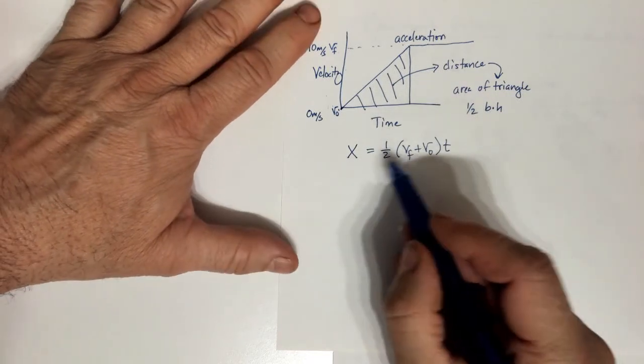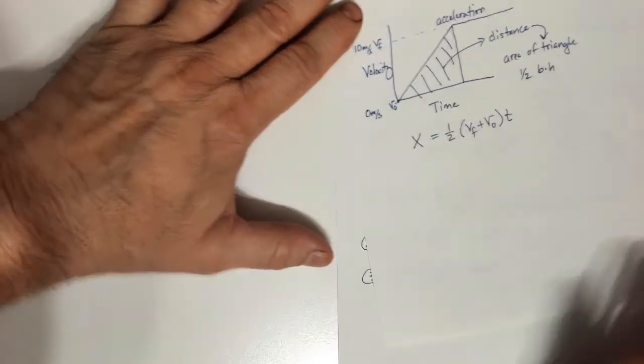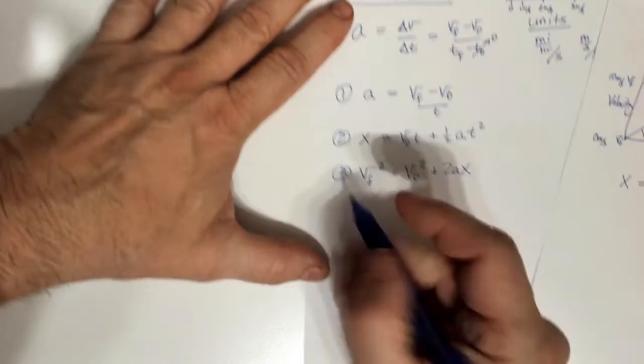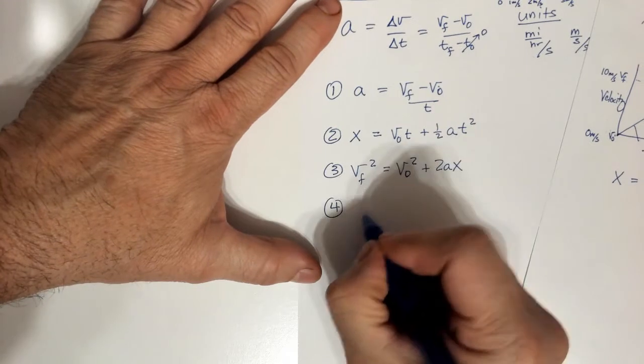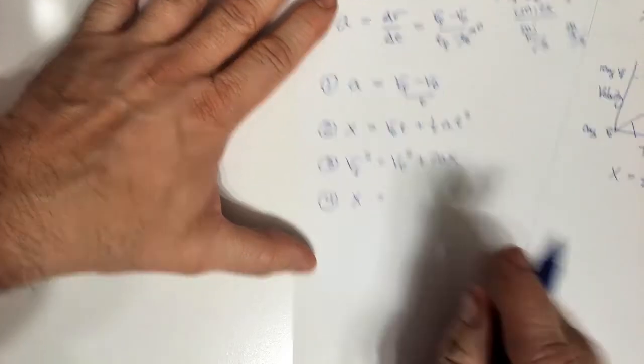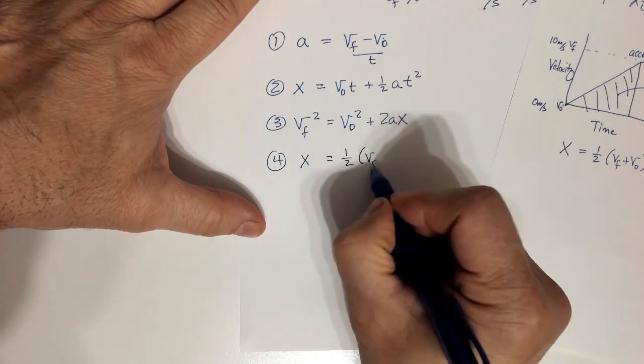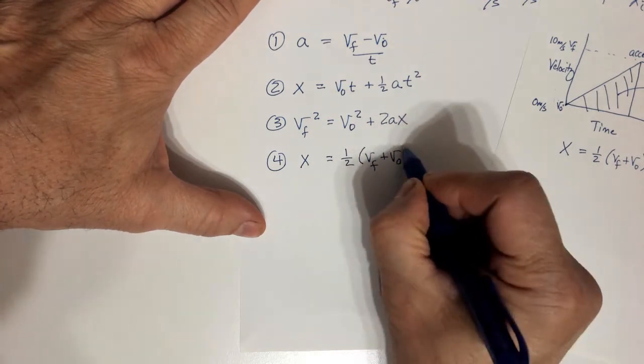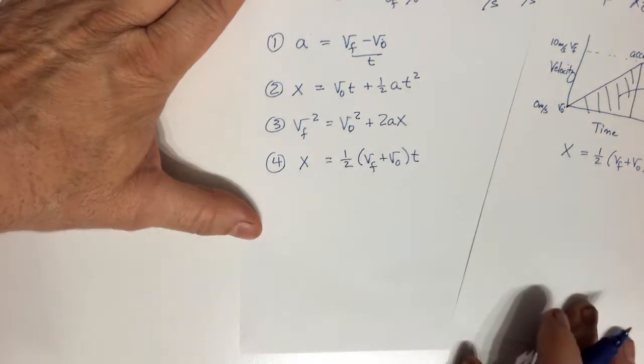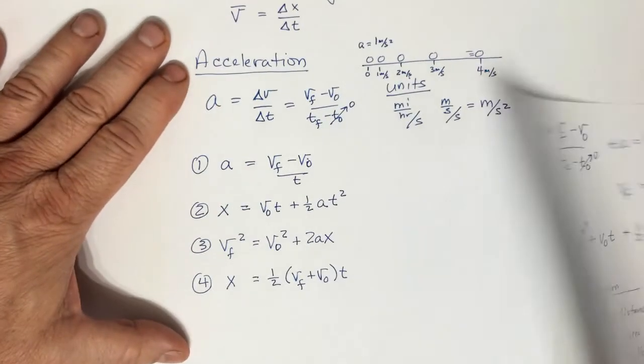So a final equation which I want to add to our list, which is a very important equation, number 4, distance is equal to 1/2 VF plus V0 times time. Okay?